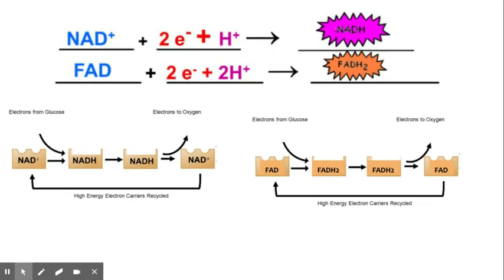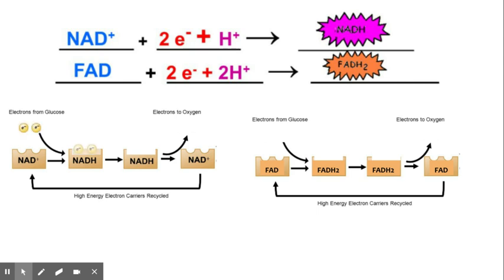If you have NAD+ plus your 2 electrons and your hydrogen to make NADH, you know that as long as the H is attached to NAD, the electrons are also there. Same thing with FAD. FAD is neutral, picks up 2 electrons, has to pick up 2 protons or hydrogen ions to balance it out, and so it becomes FADH2.